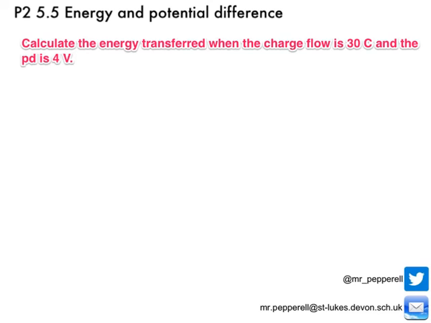My problem says: calculate the energy transferred when a charge flow is 30 coulombs and the potential difference is 4 volts. Firstly, I write out the equation: energy equals potential difference multiplied by charge. Remember, in an equation, charge is given by the letter Q, just to confuse you.